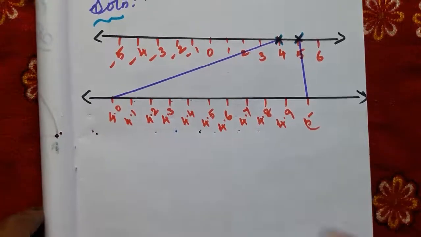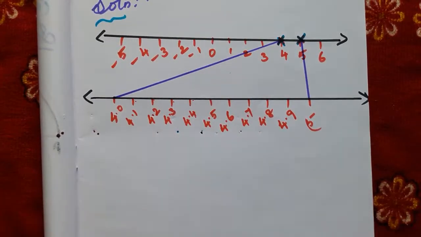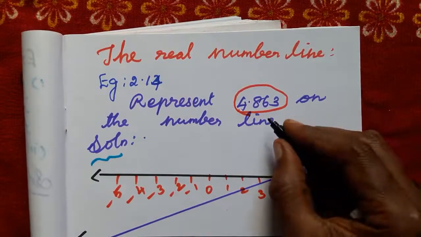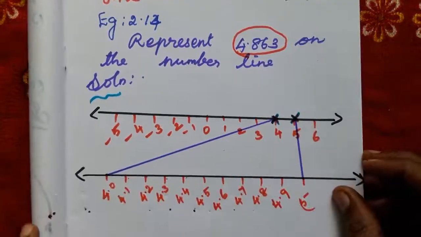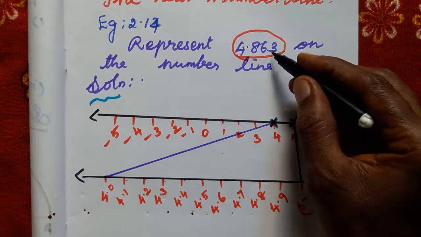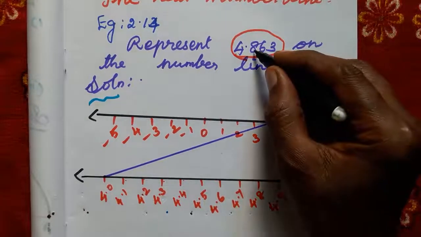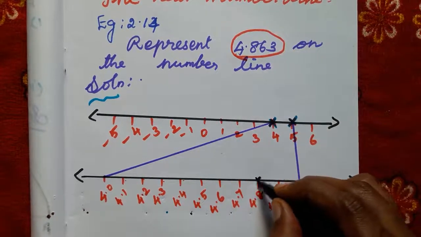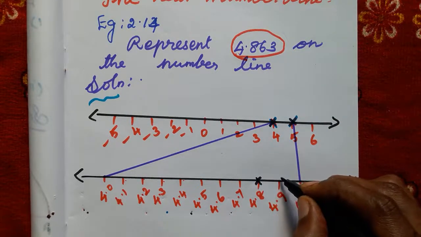Again we have to draw a number line. Now check this number. 4.863 is between which numbers? It is between 4.8 and 4.9.